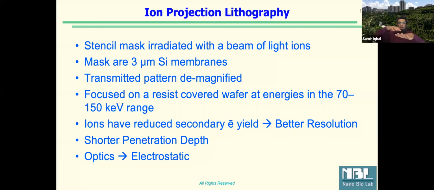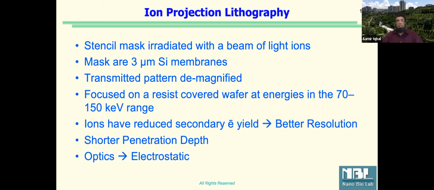So it's the same concept. Stencil projects a big beam of ions, and here it says the masks are silicon membranes. So they're using hard material as a mask, and then they transmit the beam through, and that results in what you call the exposure on the surface and changes the resist properties.